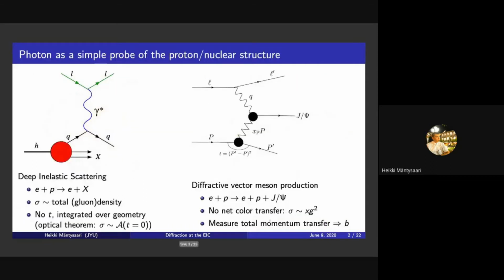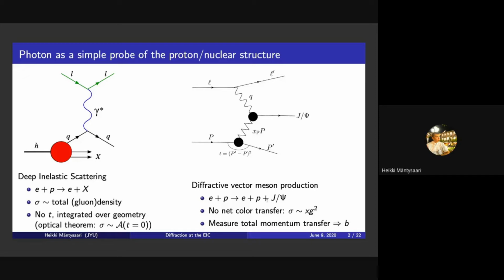Okay, so why an EIC? The simple answer is that photons and leptons are simple probes compared to, say, pA collisions at the LHC or at RHIC, where you are using the proton to probe the nucleus, where the densities are, of course, much higher than in the proton. Then you have a complex internal structure in your probe, in the proton.